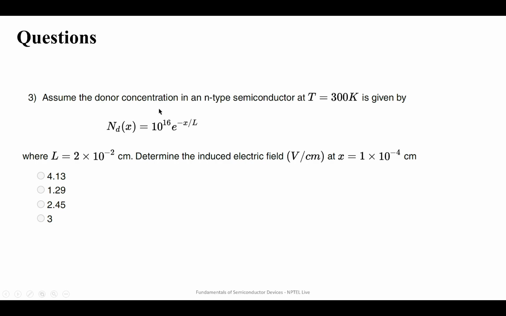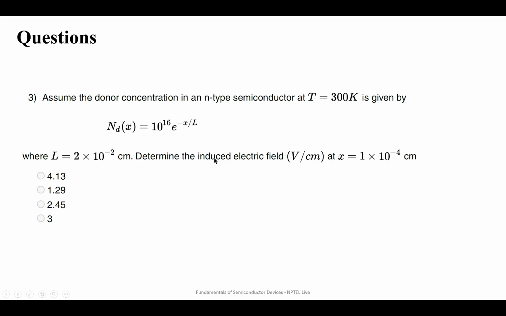Next question. Assume the donor concentration in an n-type semiconductor at T equals 300 Kelvin is given by Nd of x equals 10 raised to power 16 e power minus x by L, where L equals 2 into 10 raised to power minus 2 centimeter.